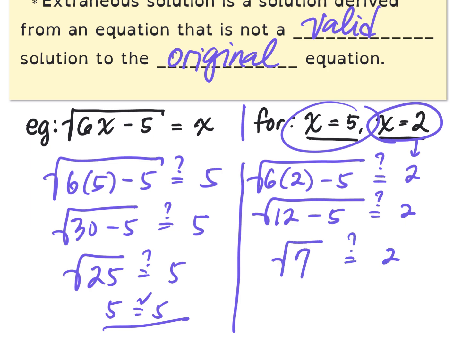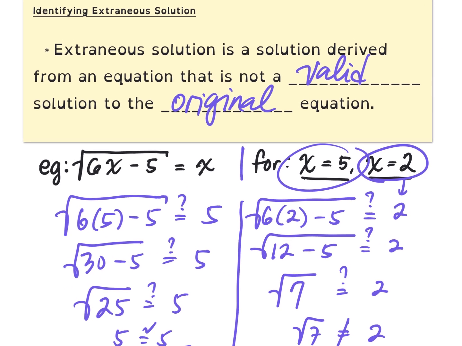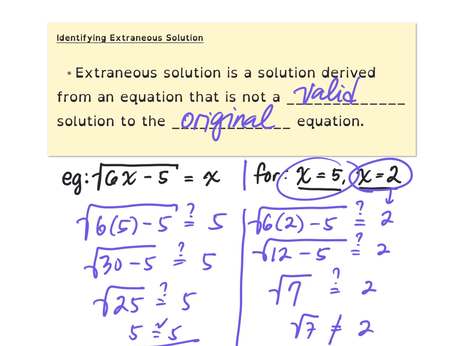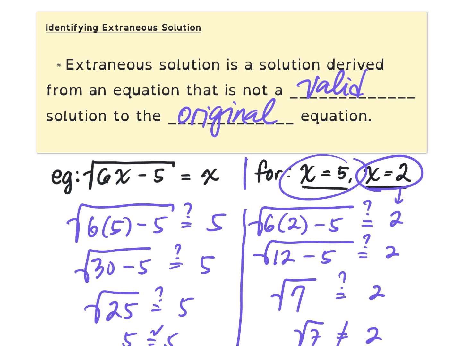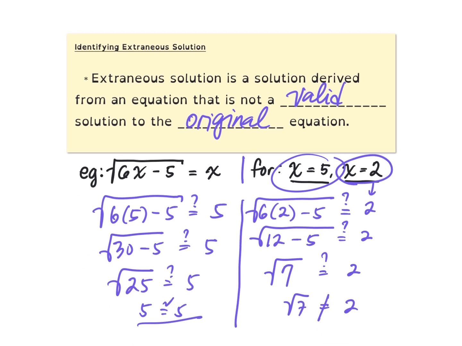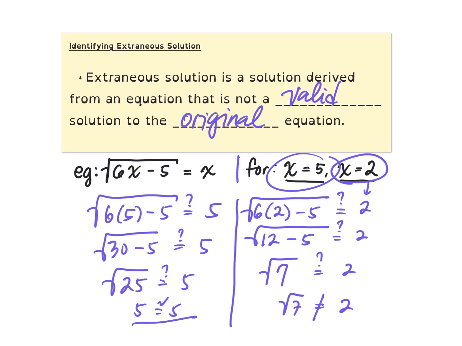Is it equal to 2? Well, we can conclude that root 7, even in simplified form, is not going to be equal to 2. Therefore, in this case, the 2 is what you call your extraneous solution because it is not valid. Once you put it into its original equation, the solution is not actually valid.